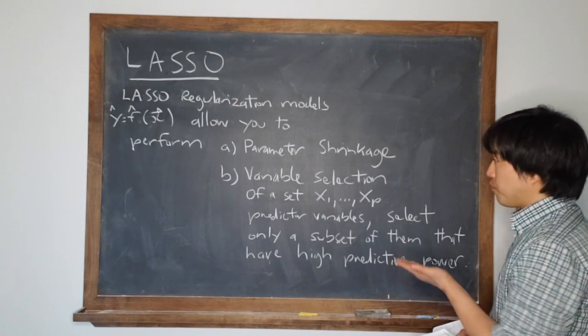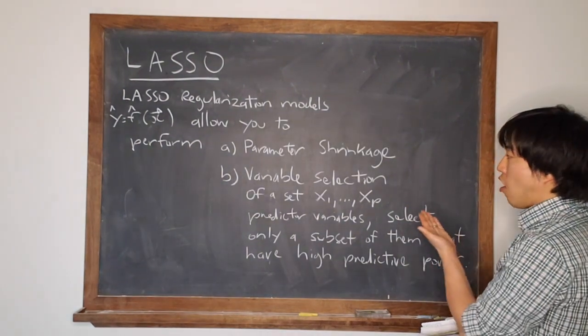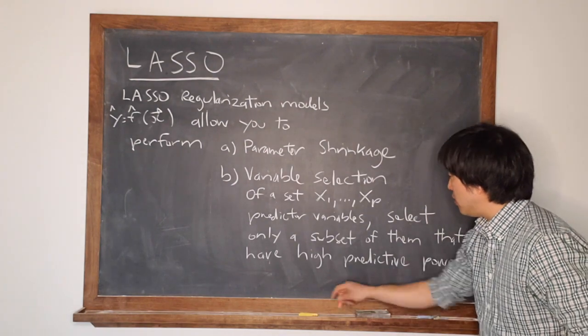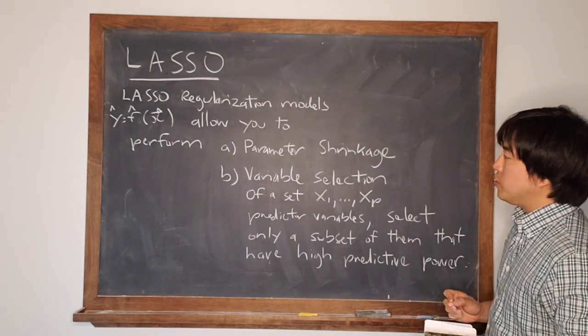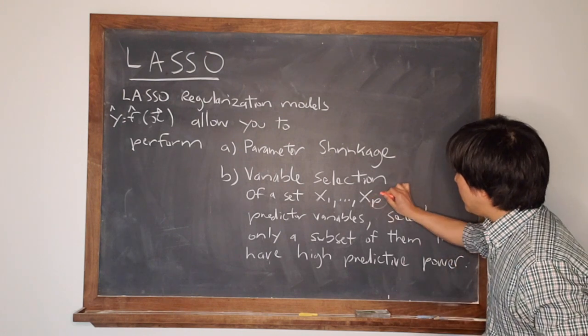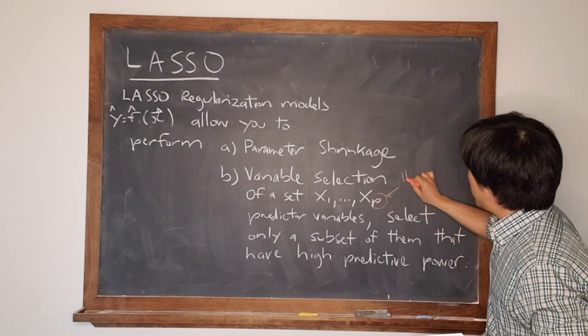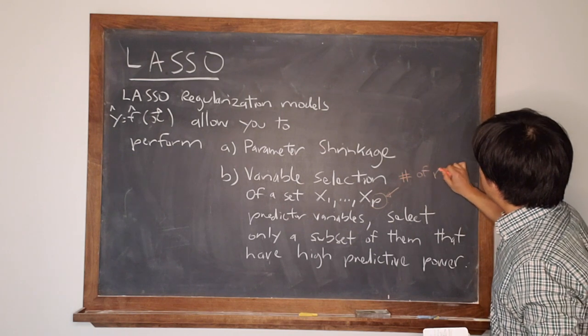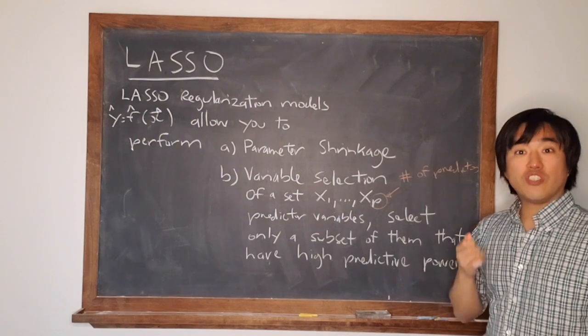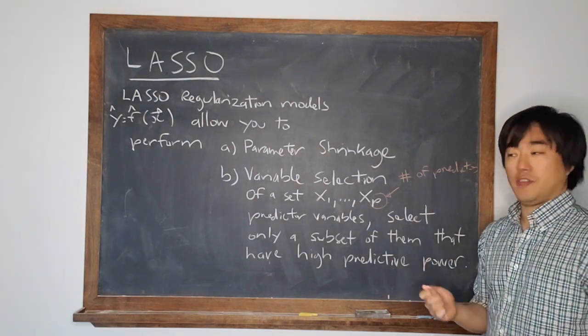So, parameter shrinkage, variable selection. And again, typically, let's bust out the color chalk, you would use a variable selection method when P, the number of predictors, is very large.